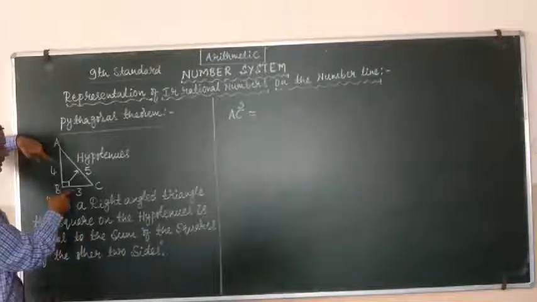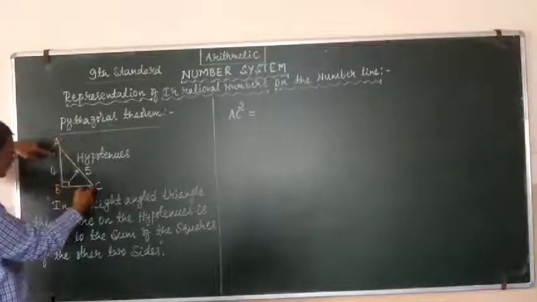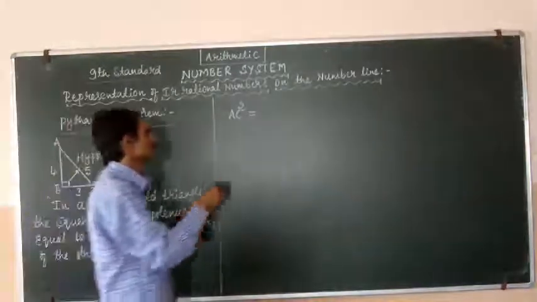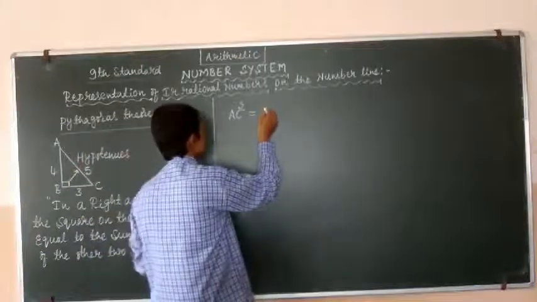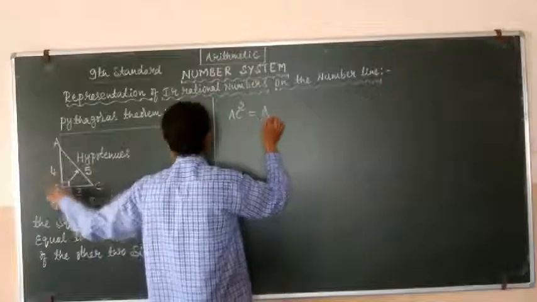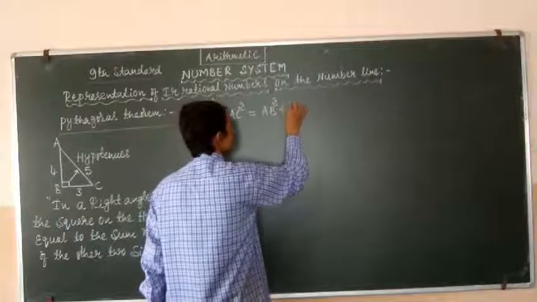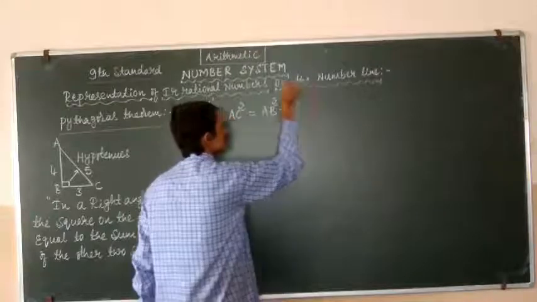The other two sides are AB and BC. We have to square these two and add them. AC square equals AB square plus BC square.